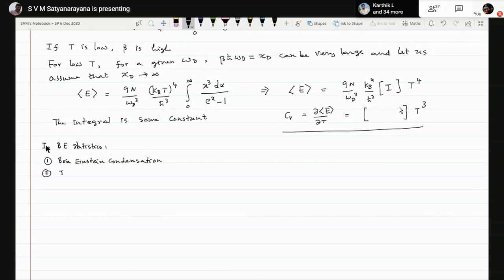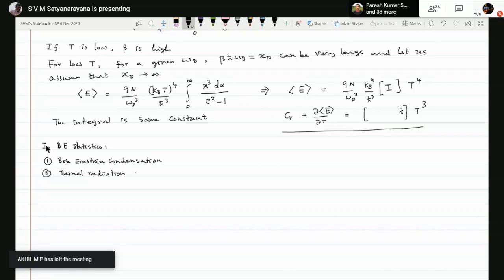I'm not calling it black body radiation because Bose's work has removed the black body, so it is the thermal radiation distribution, or what Niels Bohr calls temperature radiation.